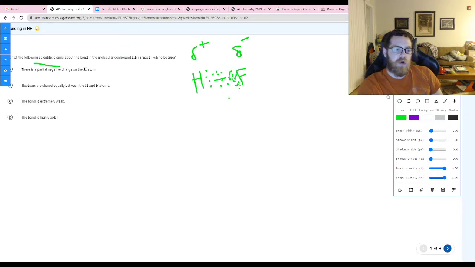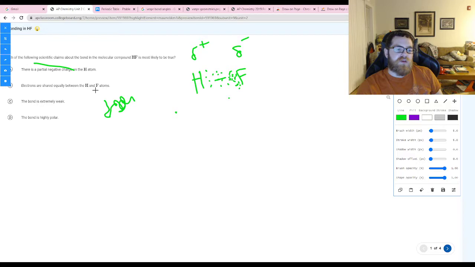So this is just false. There's not a partial negative charge, and for that to be true, the electrons would need to be present near the hydrogen.